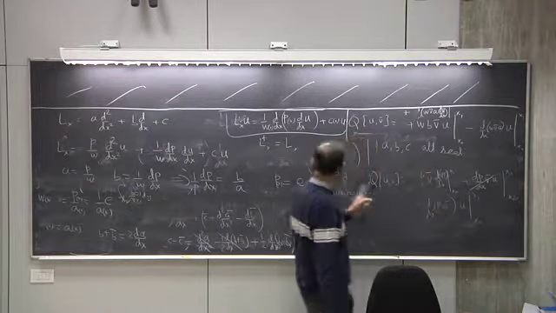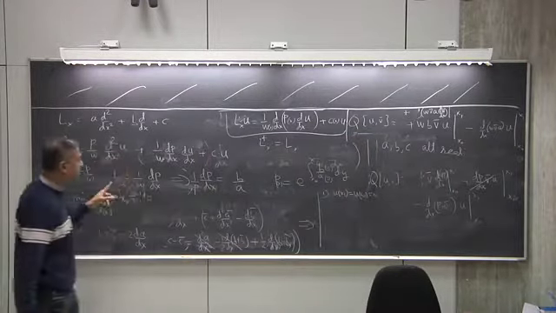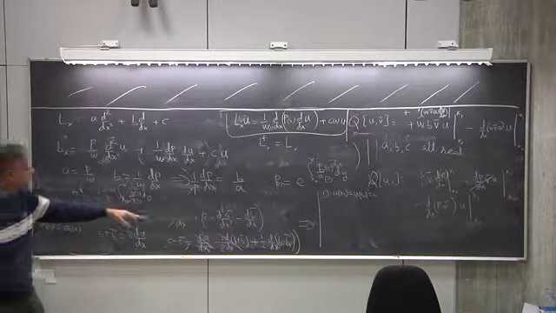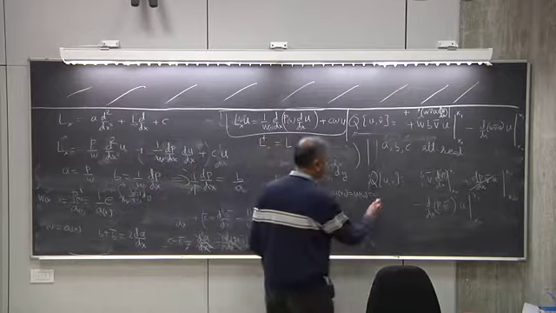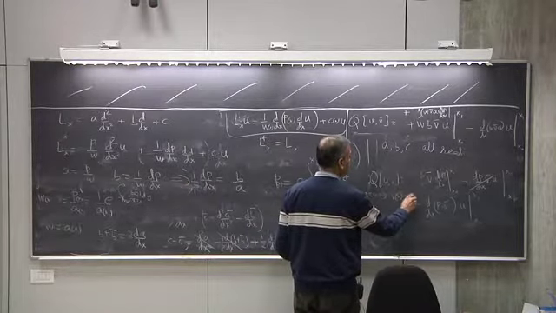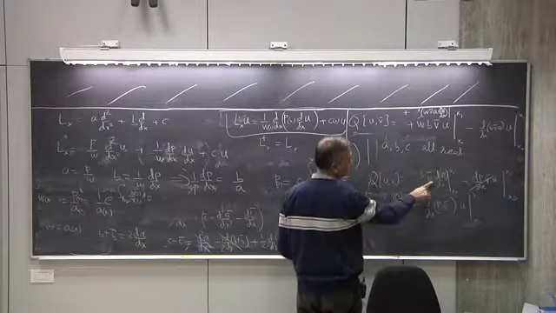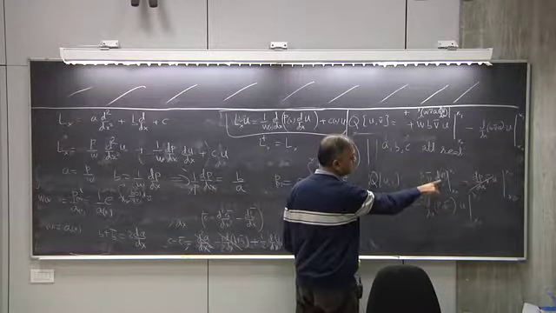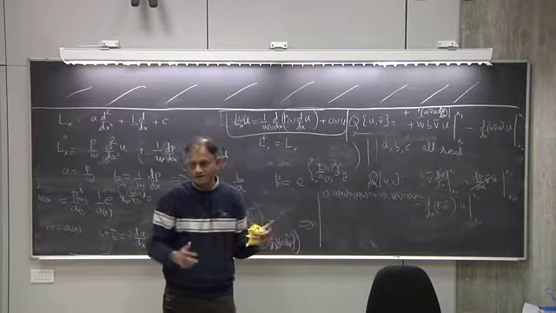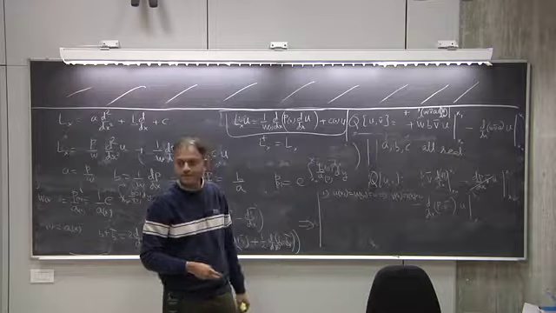P is not 0 anywhere. P is the exponential, and exponential is not 0. So this implies that V at x1 equal to V at x0 equal to 0, because this has to vanish. For each du by dx at x1 and du by dx at x0, the coefficient of that must vanish.